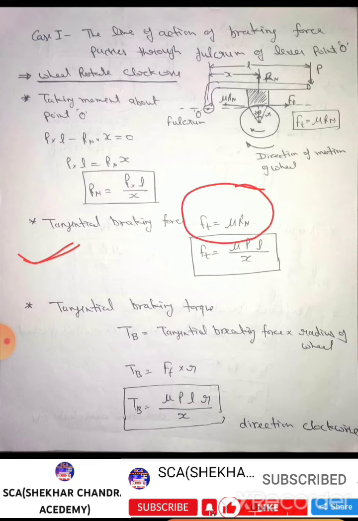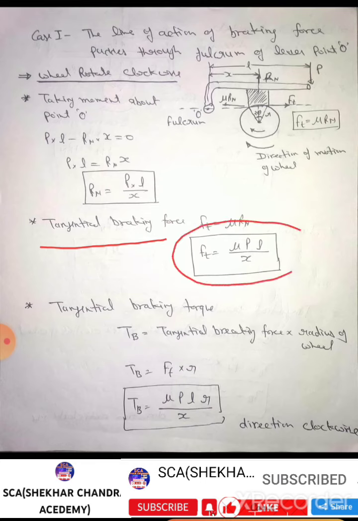Now putting the value of Rn from here to here, we can obtain the value of tangential braking force Ft is equal to mu P l upon x. This is the tangential braking force.